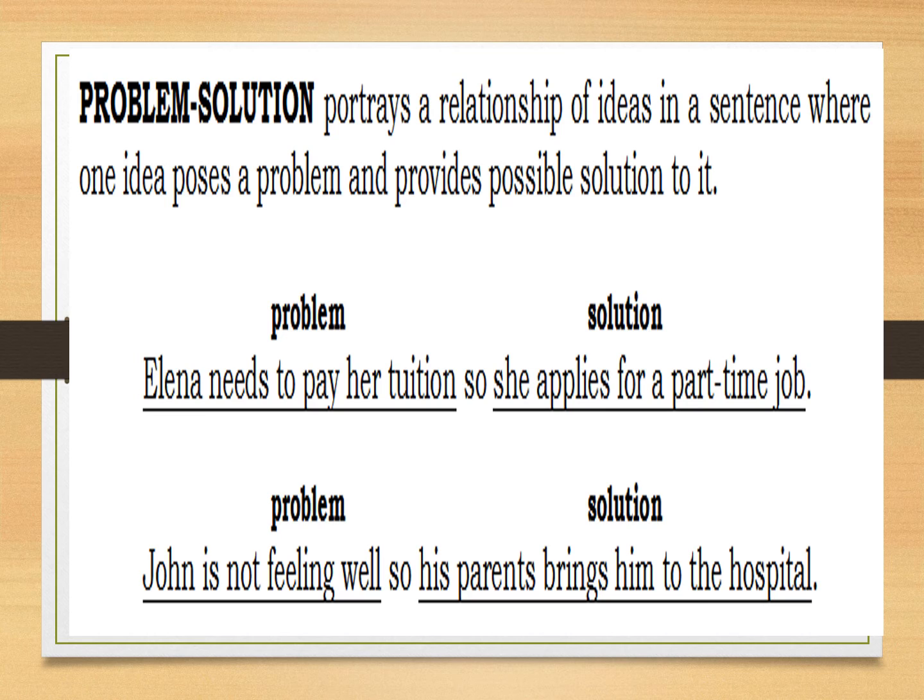The problem is Elena needs to pay her tuition, and the solution: she applies for a part-time job. Another sentence: John is not feeling well, so his parents bring him to the hospital. So our problem here is John is not feeling well. The solution in the sentence is his parents bring him to the hospital.